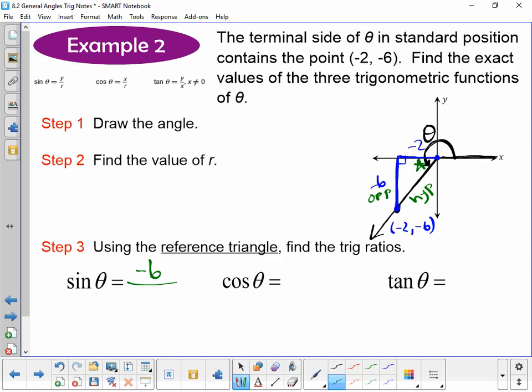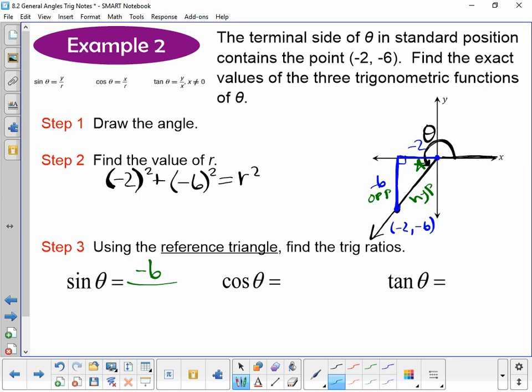Well, if we use the Pythagorean theorem, it would be (-2) squared. And the negative is really just telling me the direction in this case, that we went back 2 instead of forward 2. So (-2) squared, make sure that -2 is inside the parentheses, plus (-6) squared is going to be equal to the hypotenuse squared, and we're going to call the hypotenuse r.